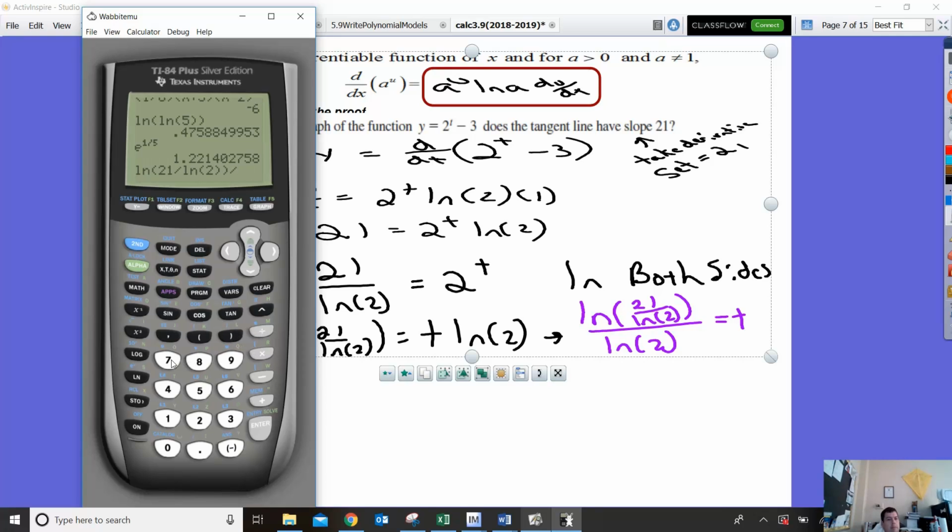Turn around and divide it by the natural log of 2. Ugly looking decimal. I'll store it to x. That way I can just type in this equation right here. So 2 to the x minus 3. Yeah, it still didn't work out nice, did it? So we got about 4.92 and about 27.30.